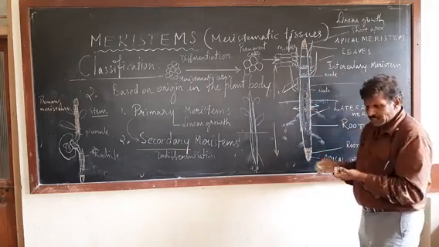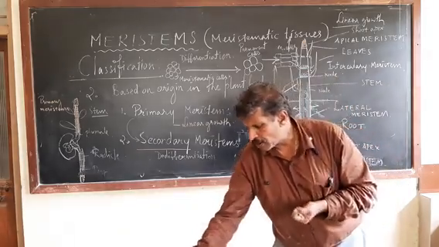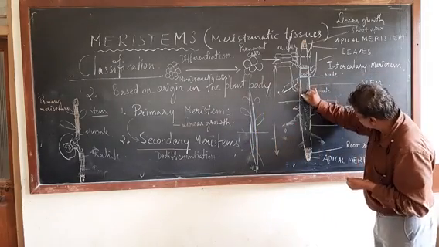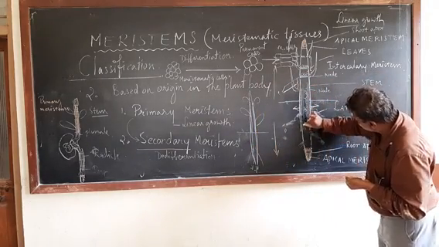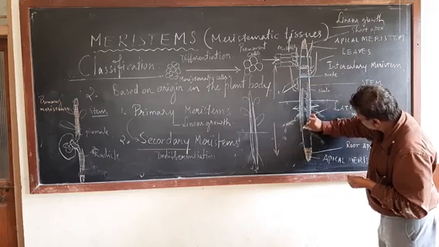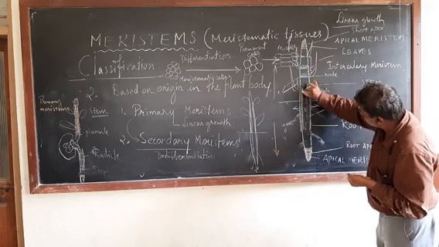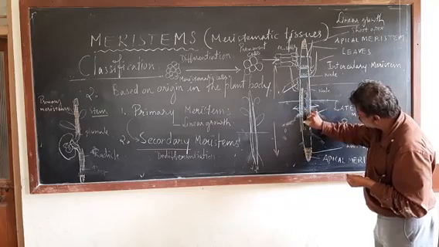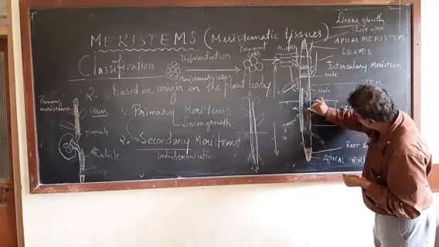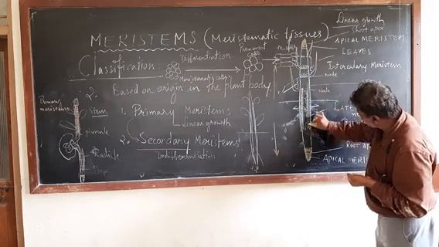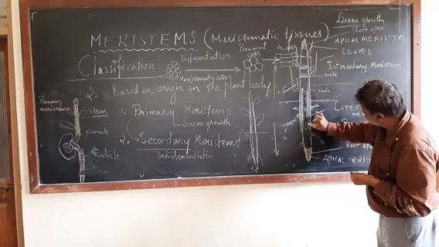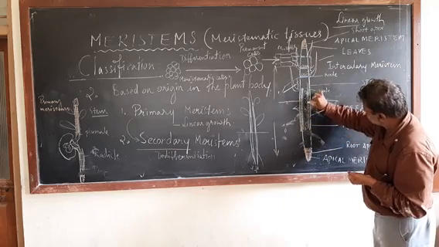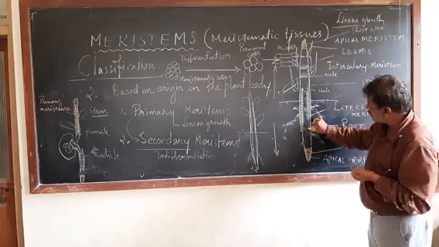The permanent cells that are present undergo a change, and by that change they are going to produce the meristematic cells. Even here also, permanent cells that are present earlier may get changed, and by that change they are going to produce the meristematic cells.